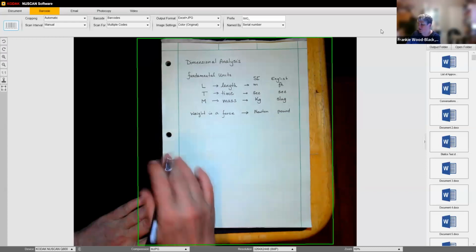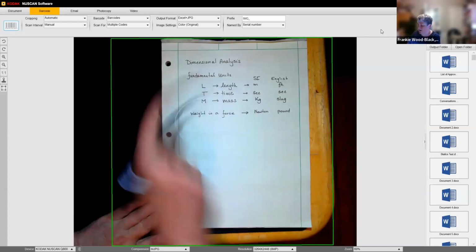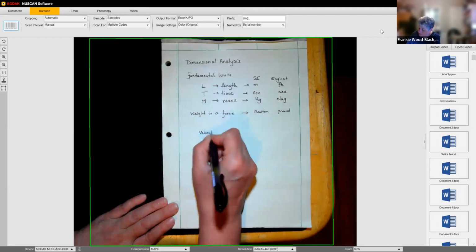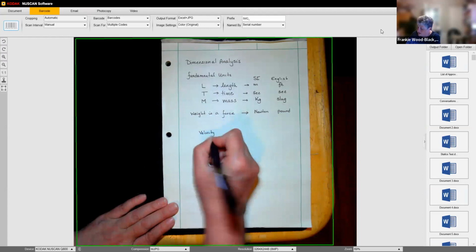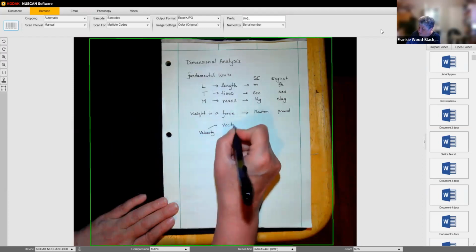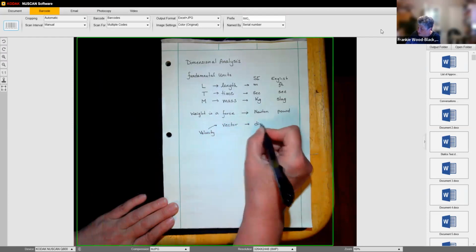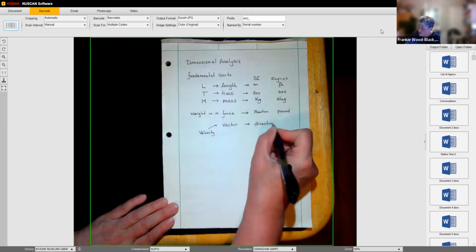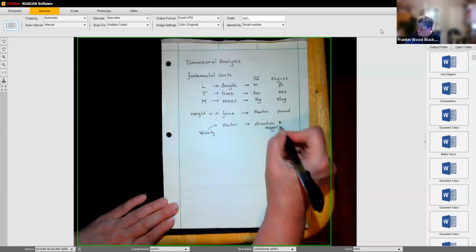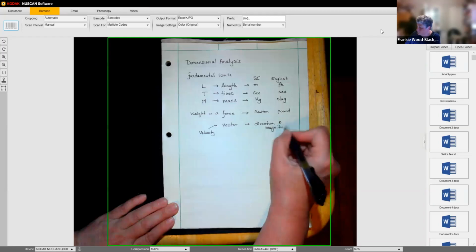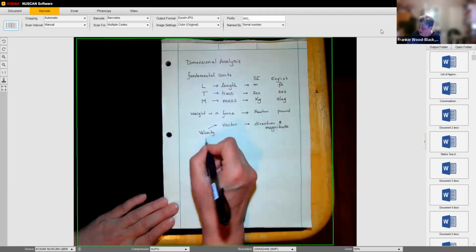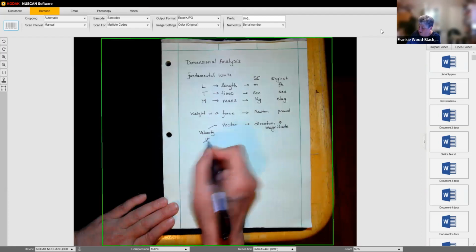So if we're looking at an equation, let's take velocity, for example. Now, velocity is a vector, which means it has direction and magnitude. All right.